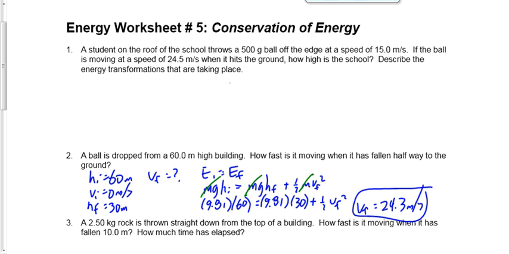If we said EI equals EF, for question number 2 again, if we said the initial energy is all potential and the final energy is all kinetic, that can work. But how? If we include final potential energy in the blue solution here, how can the green solution possibly give us the same answer?